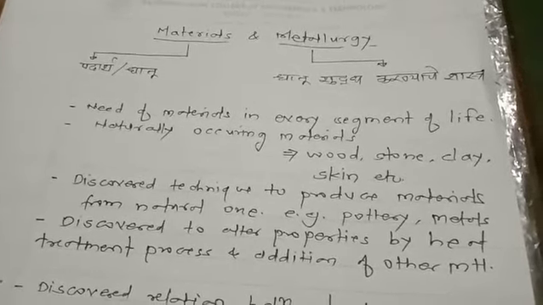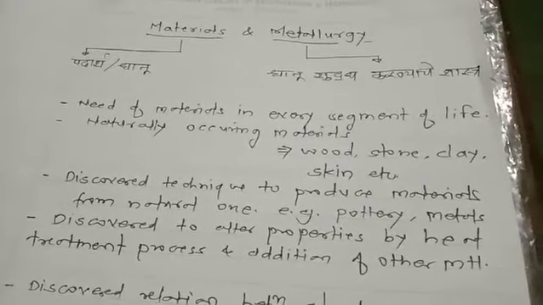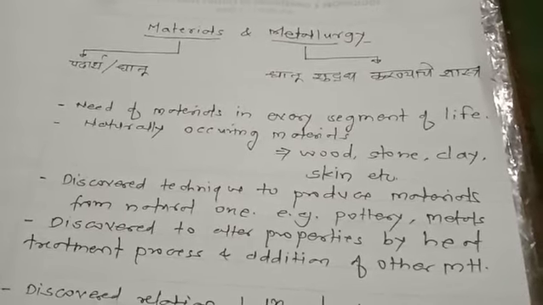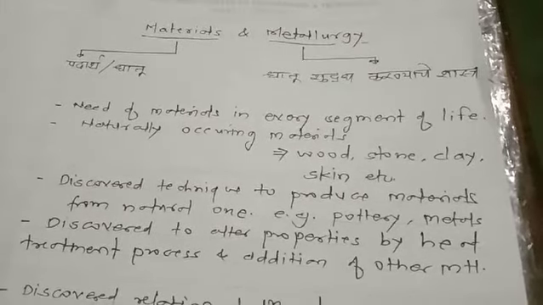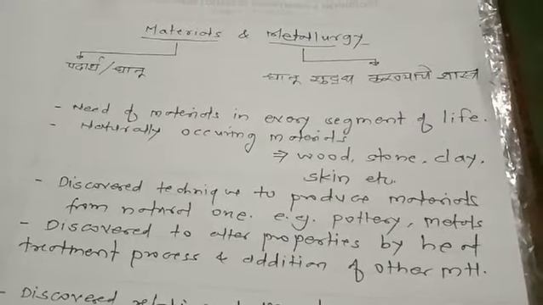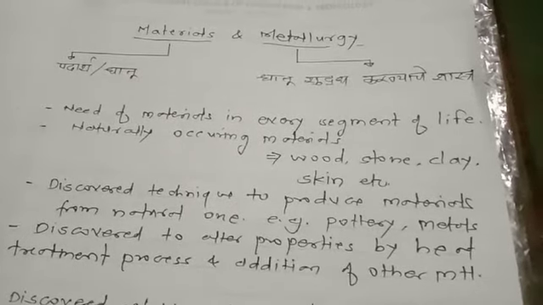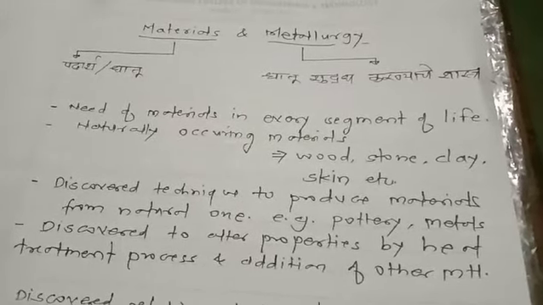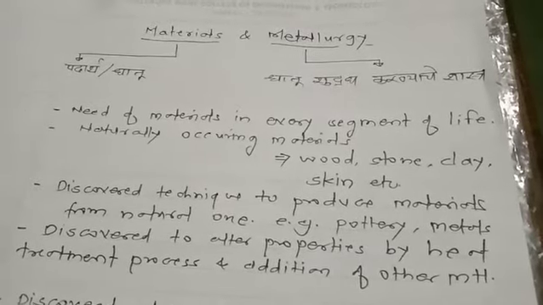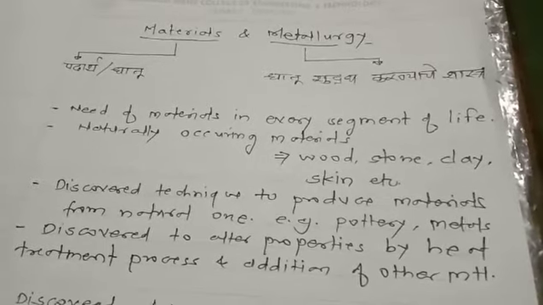Which type of materials are we using? Naturally occurring materials, normally wood, stone, clay and skin, right? Then, as time passed, man found the technique to produce material from natural ones. That means there was an evolution or improvement in materials.